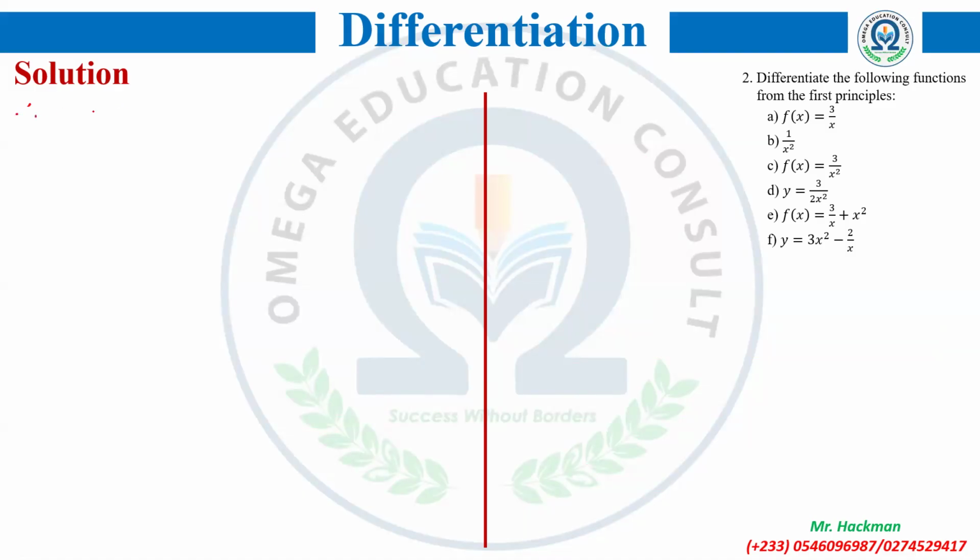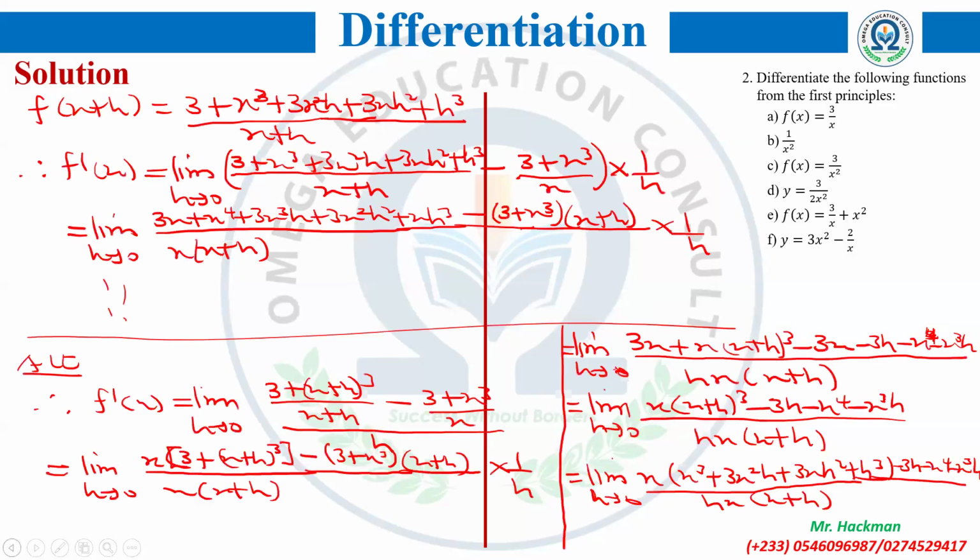So still I'm dealing with, therefore, f prime of x will be equal to the limit as h approaches 0 of my denominator, which is x, h into x plus h. This is what we have. Now, if you look at the numerator, we are going to do it mentally and deal with the one that will go.